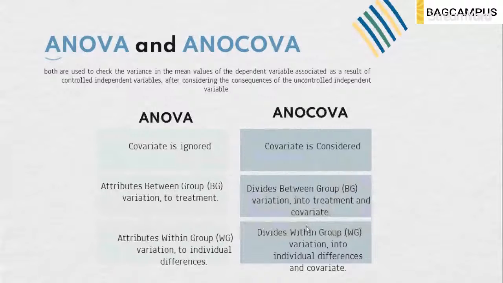In ANOVA, between group variation is divided into treatment, while in ANCOVA it is divided into treatment and covariate. Within group variation is attributed to individual differences in ANOVA. In ANCOVA, within group variation is divided into individual difference and covariate.